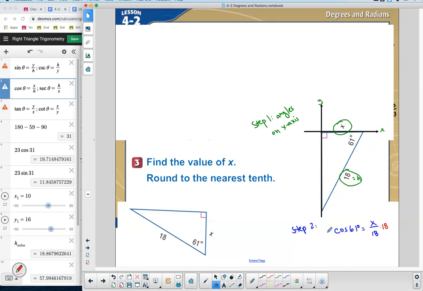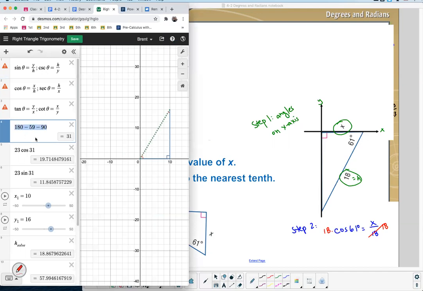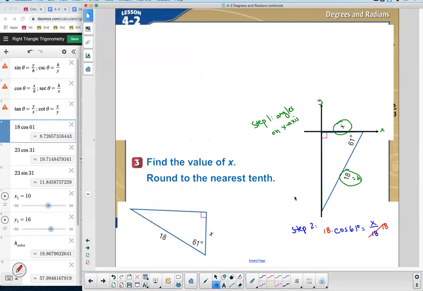The opposite of division is multiplication. So if we type that in the calculator, we should get our solution here. 18 cosine of 61 degrees, answer is 8.7. It says round to the nearest tenth, so I'm going to say that x is 8.7. And that would be my solution there.